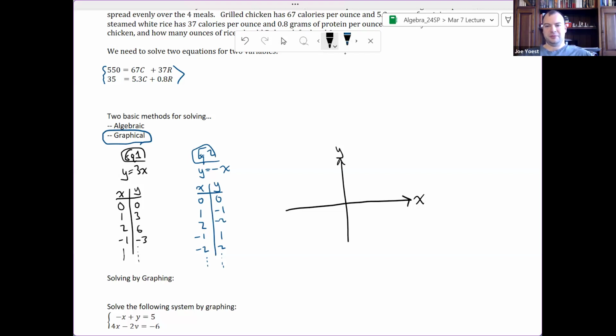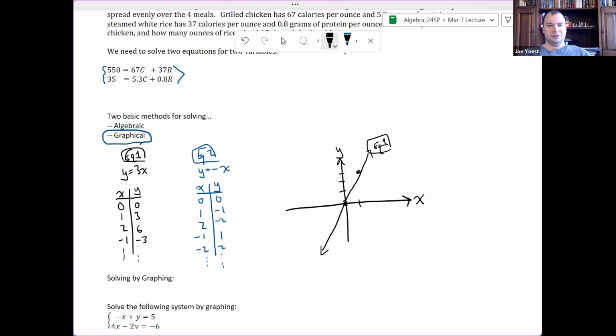I could come over here to my plot and I see, well, 0, 0 is a point on the line, and say 1, 3 is a point on the line. And that's equation 1, or that's the graph of equation 1.